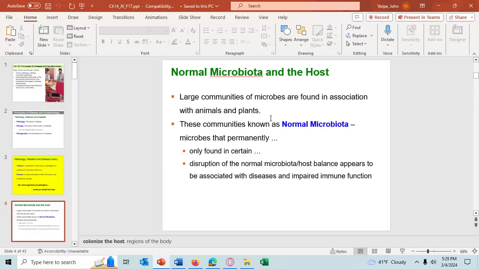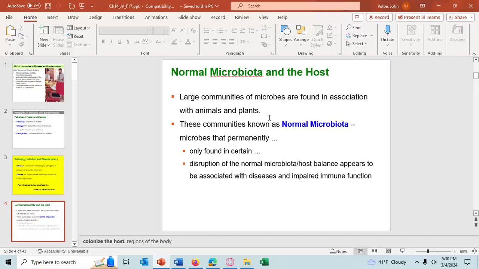All right. This disruption of the normal microbiota host balance appears to be associated with disease and impaired immune function. For example, you can disrupt your normal microbiota and host balance by taking antibiotics, particularly if you take the antibiotics orally, because not only will the antibiotics hit the pathogen that they're prescribing the antibiotics for, but it will hit your normal microbiota, all of the microbes in your gastrointestinal tract.